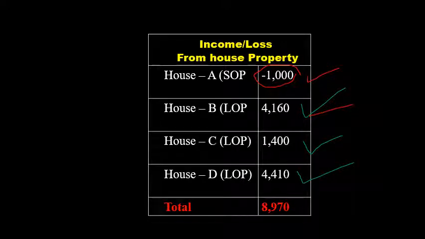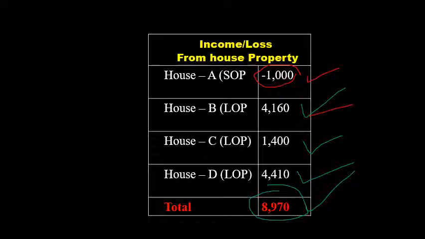And for the total income, after set off of the loss of the first house, the balance is income from house property, which is rupees 8,970. So this is how to calculate income from house property whenever different information or features of house properties are given.